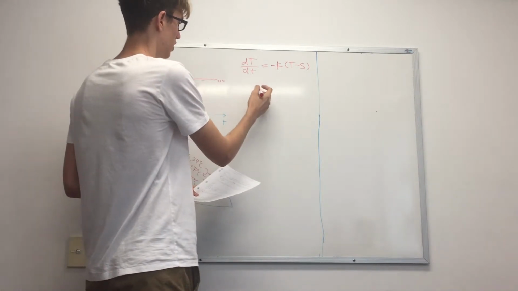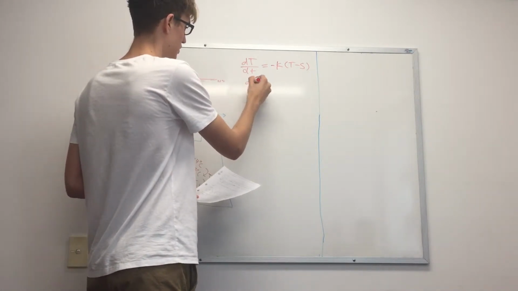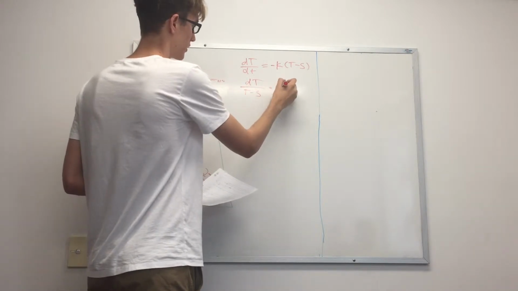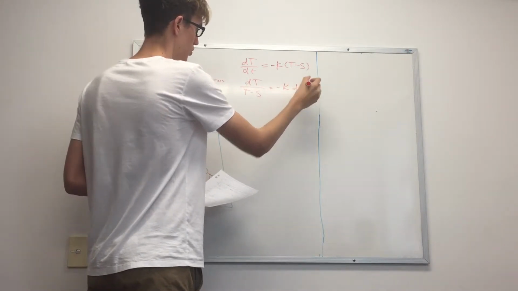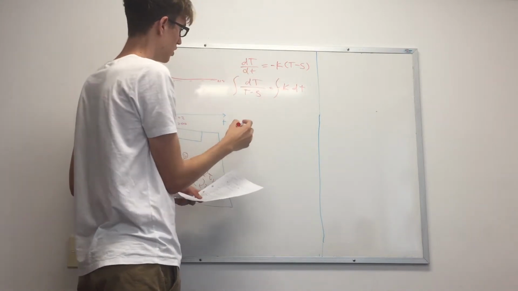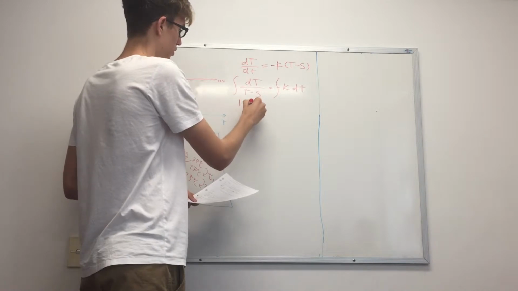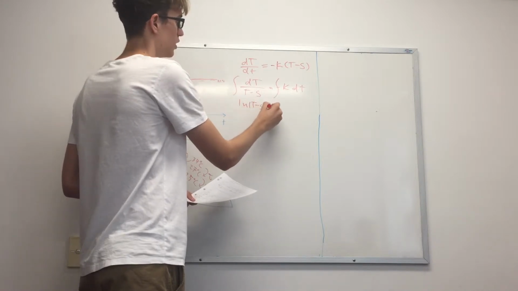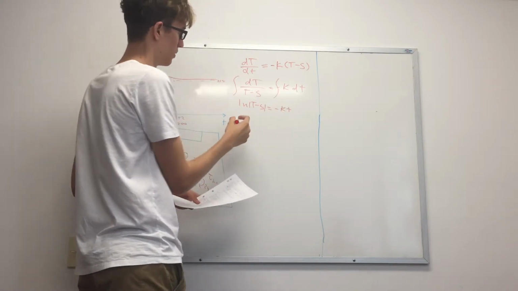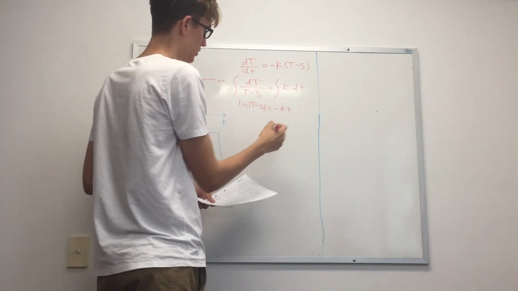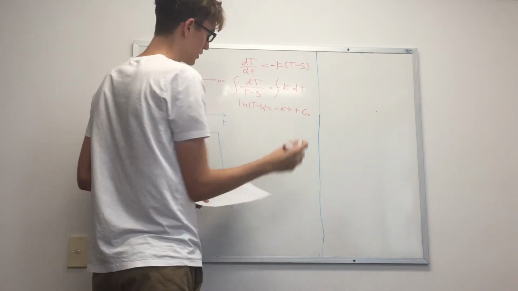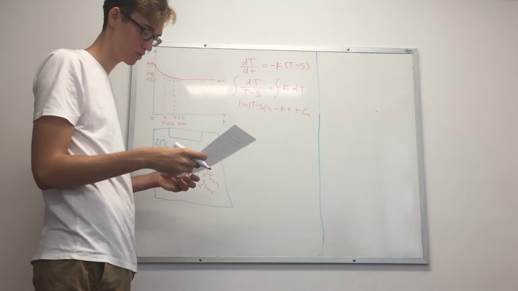So if we go dT over (T minus S) is equal to negative k dt. Taking the integral of both sides, we'll end up getting ln of the absolute value of T minus S is equal to negative kt. We've got constants from both integrations, so we can consolidate them into a little c, which is the consolidated constant.